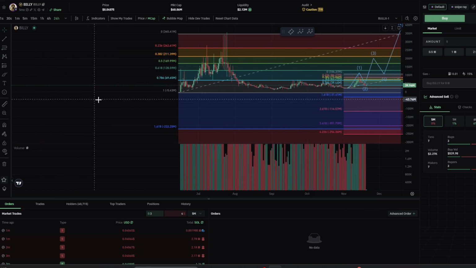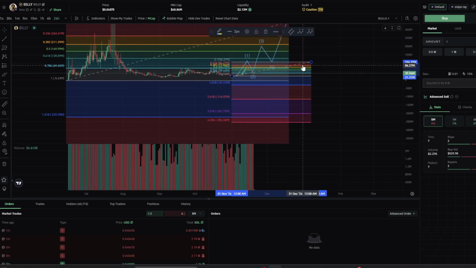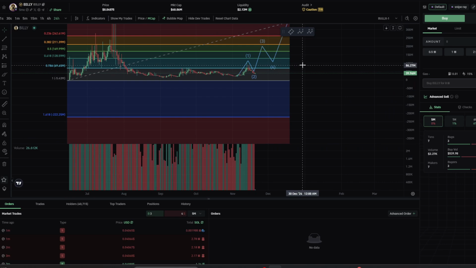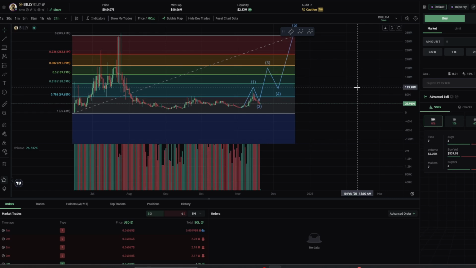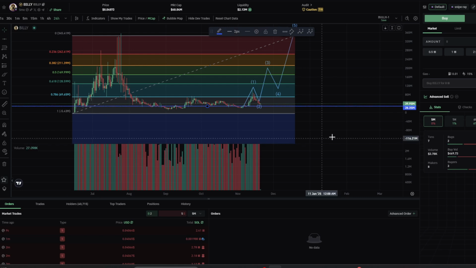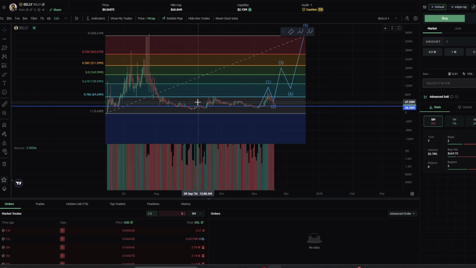Just going to get rid of this other one that I drew to help things. Really, if we're sticking to what we just talked about, this little 50% between here as an entry would have worked out well.